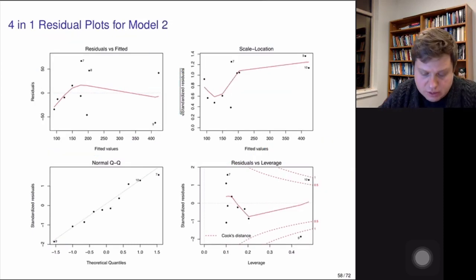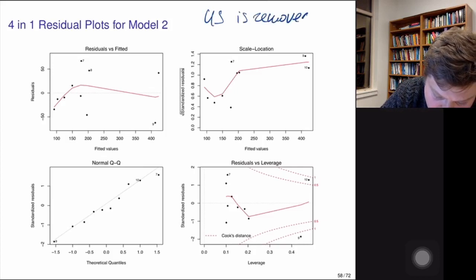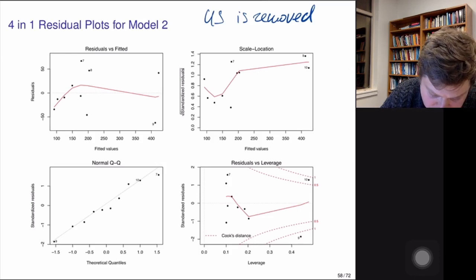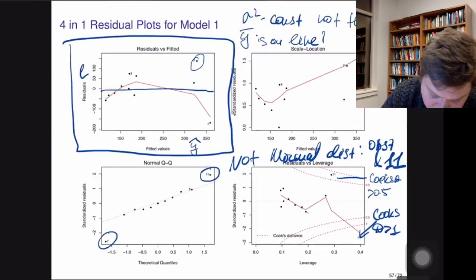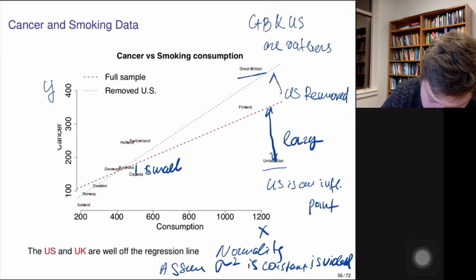Now we're going to look at the second model. The second model is where the US is removed. Okay, and what we see here is that observation number 7, so it's Holland now, which is, where is it on the scatter plot? It's here, right?